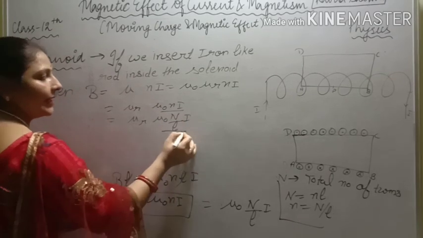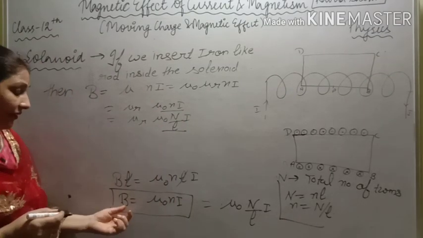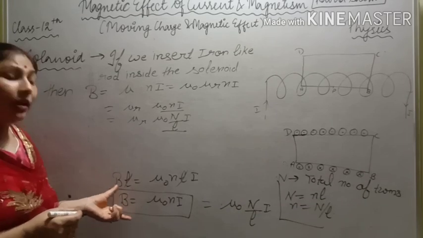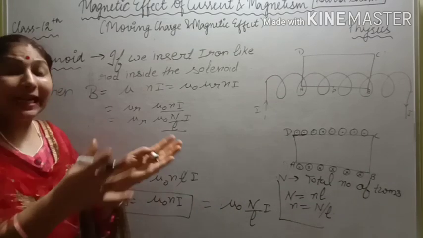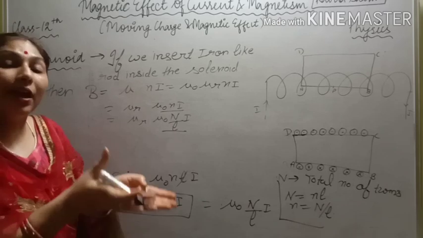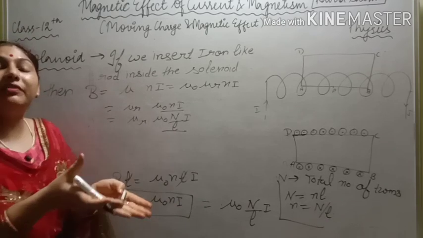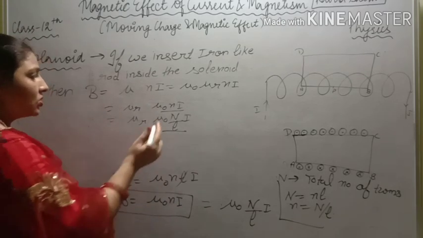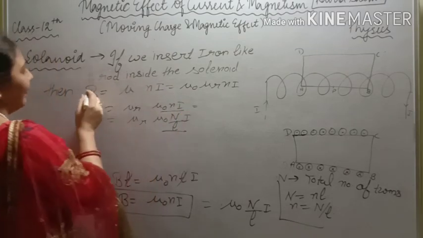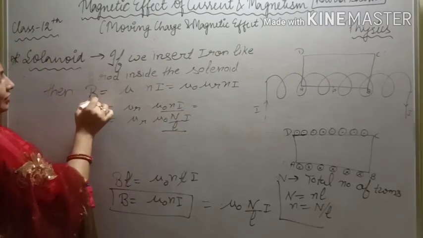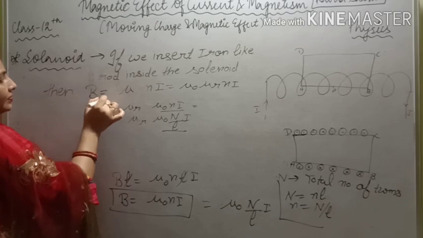ये वैल्यू आपके पास कब है, जब आपने फ्री स्पेस में सोलेनॉइड, इनसाइड दी सोलेनॉइड हमने क्या रखा है, होलो रखा है. मीन्स वी हैव द परमेबिलिटी ऑफ द फ्री स्पेस. सो यहाँ पर आप मैग्नेटिक फील्ड विद मटेरियल लिख लीजिए.